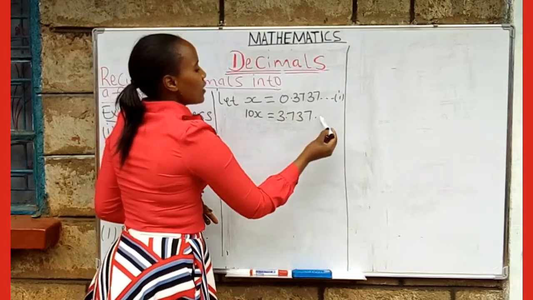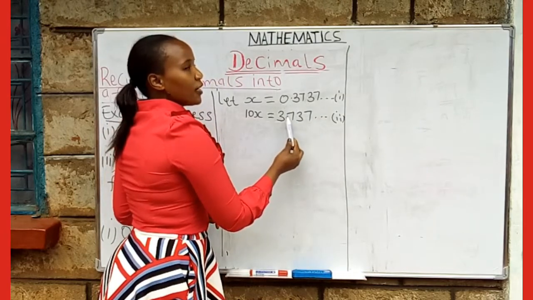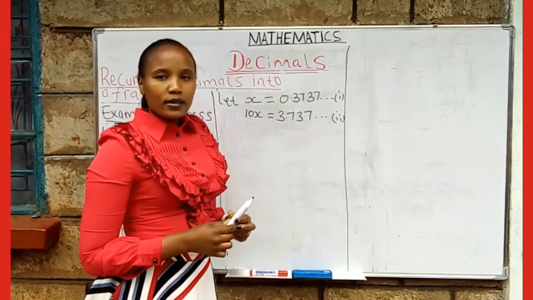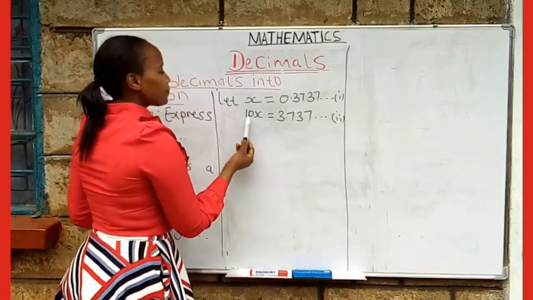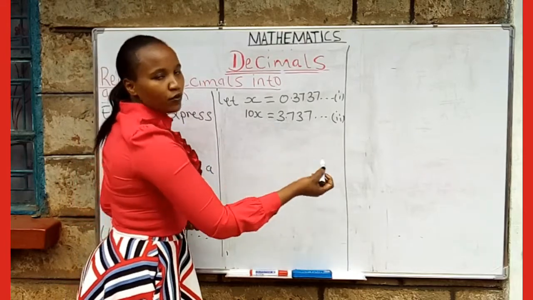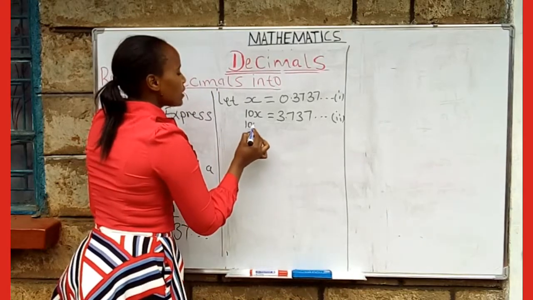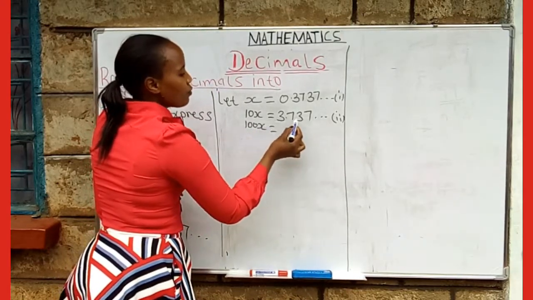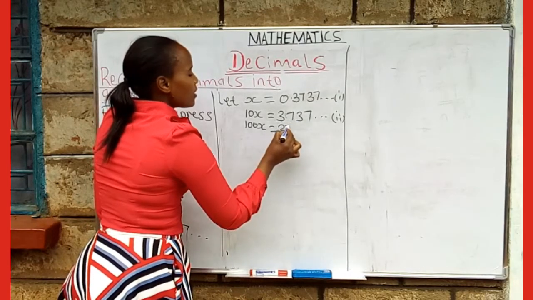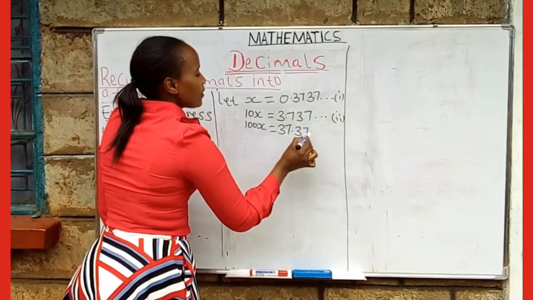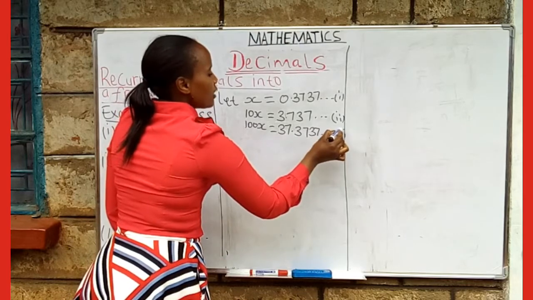Now, if you look at these two equations, after the decimal point they are not equal, so we cannot eliminate. So we continue multiplying. In the second equation, we multiply both sides by 10 to get the third equation: 100x equals 37.37 and so on. Remember, this part is recurring.